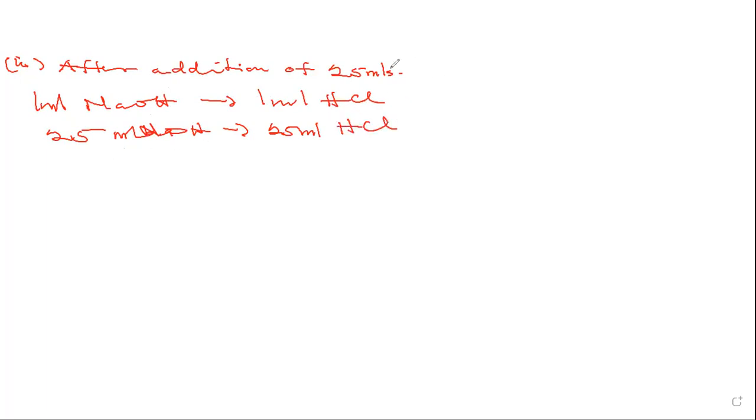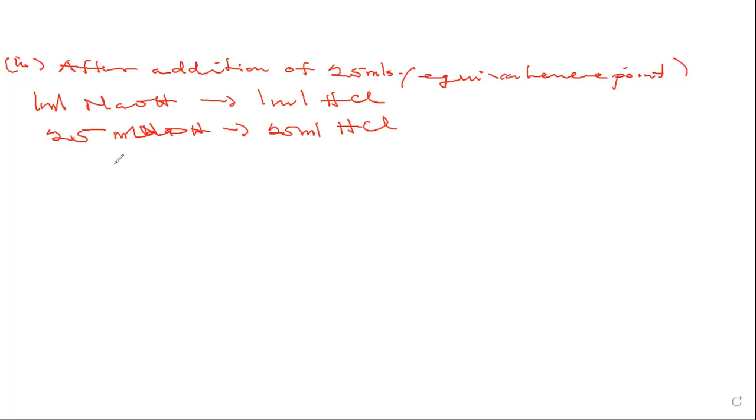It means that this is simply asking you to find the pH at the equivalence point. When we talk about the equivalence point, it's the point at which an amount of the base has neutralized completely the acid that you have in the solution. So at this point, we have been asked to find the pH after addition of 25 mils.